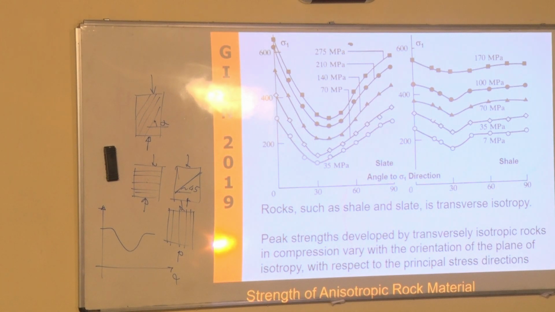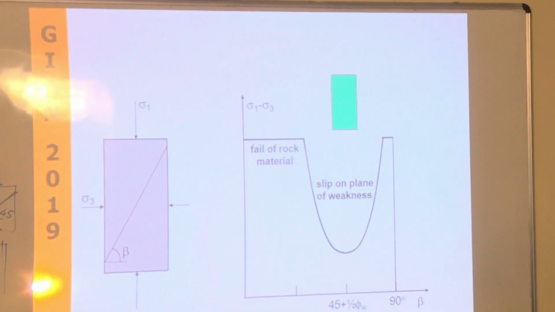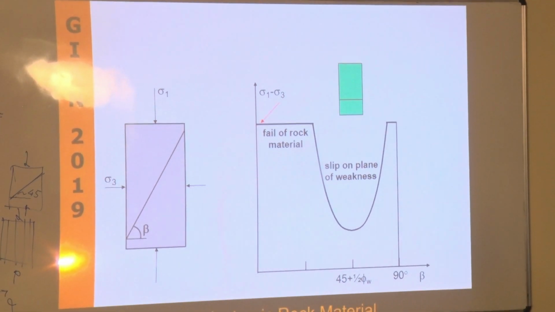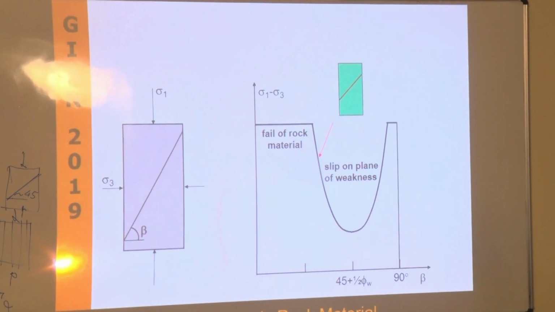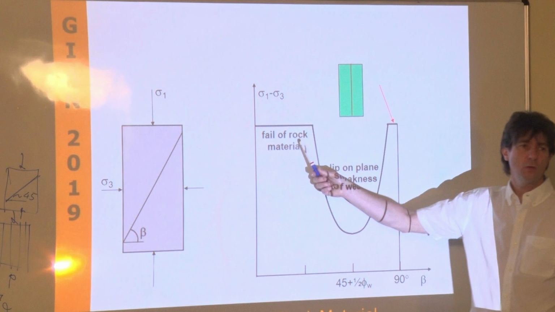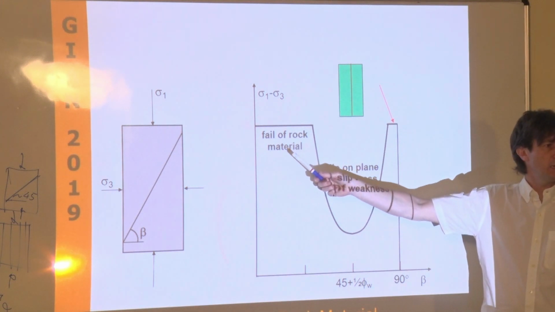Okay? So basically, what we are saying is pretty much this. So you have 0, and at the incline, you change your strength, but you also change the way the rock breaks. So in this area, in the flat, you really fail the material.